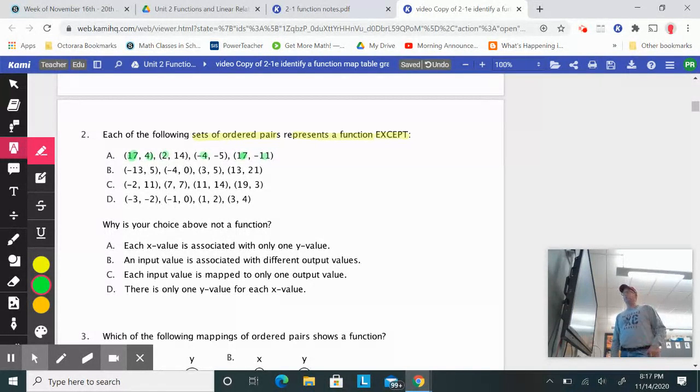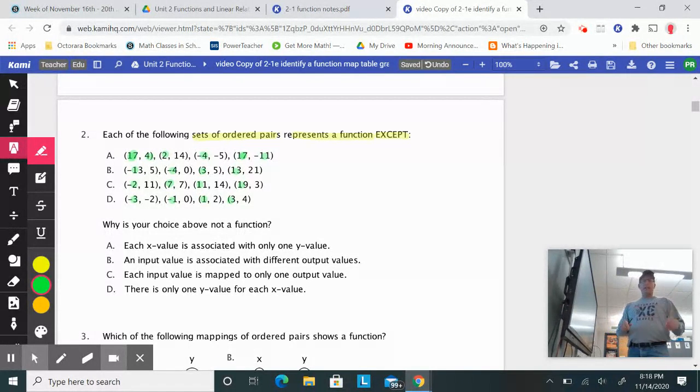Let's just check the other ones. B, -13 has a 5, -4 has a 0, 3 has a 5, +13 has a 21. Every input, one output, that's okay. In C, -2 and 11, 7, 11, and 19, each input has a different output. In D, -3 is -2, -1 is 0, 1 is 2, and 3 has a 4.